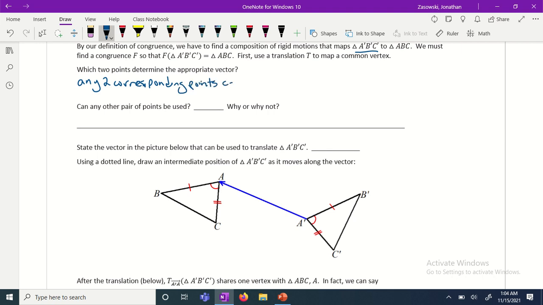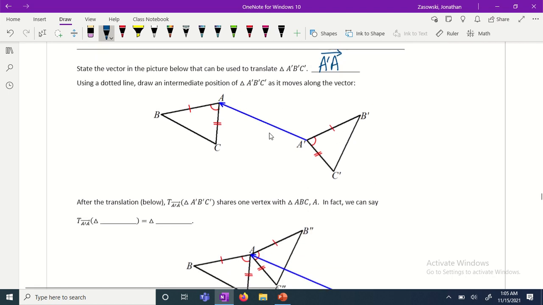In our case, specifically, it's ray A prime A, with the arrow over the A, because that's the way we're going. So the vector we're using is A prime A. You can just put that in the blocks there.